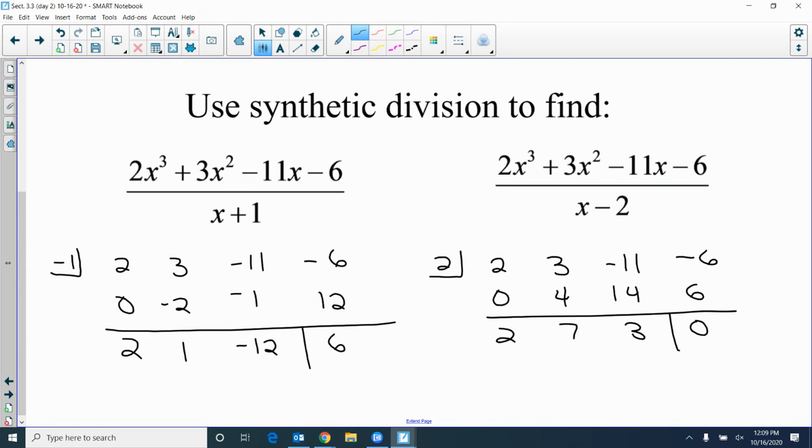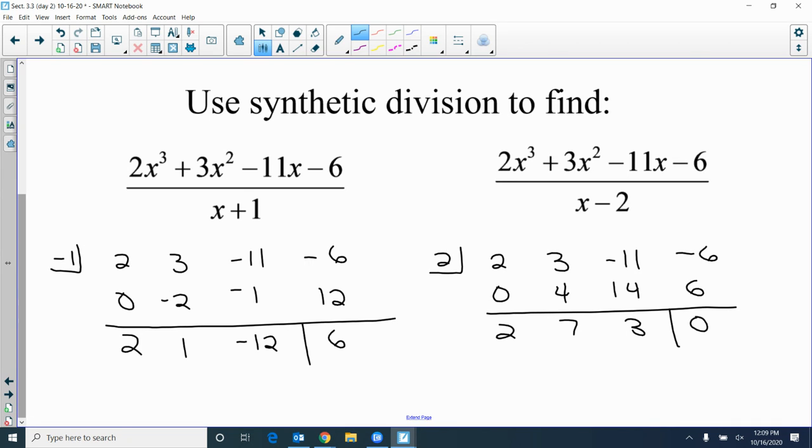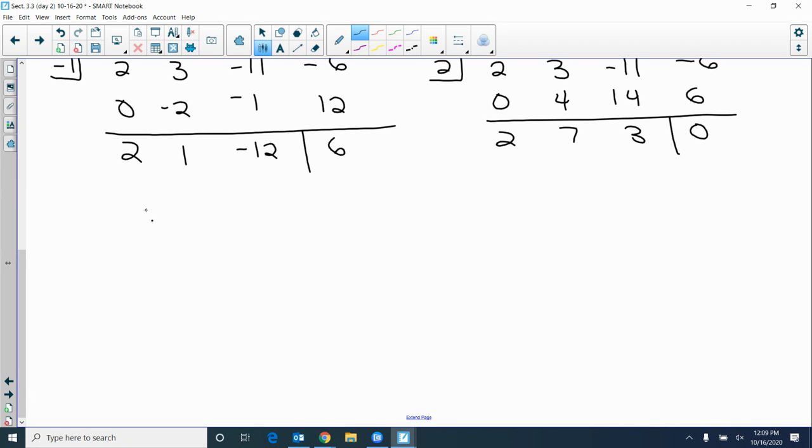Get 0. All right, there is a relationship between those two. We did f of -1 up above, right? And what did we end up with? f of -1 equaled 6, right? And then f of 2 equaled 0.